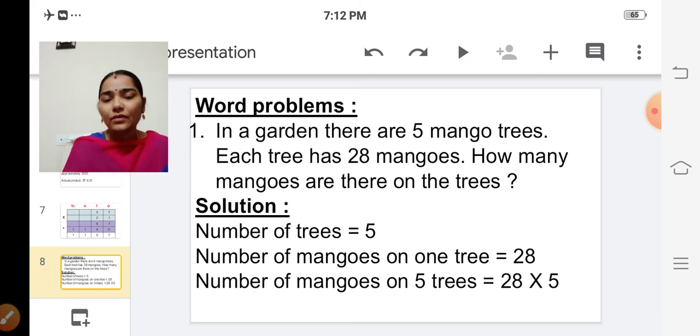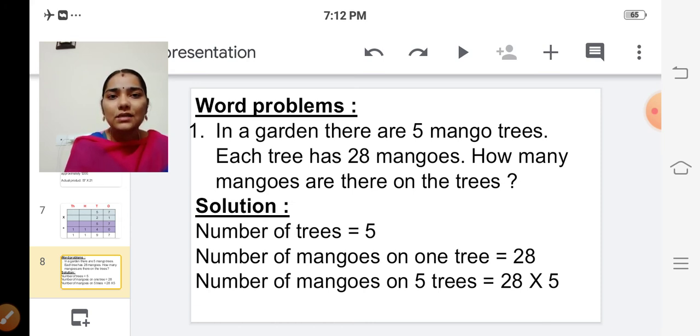So in a garden, how many trees are there? There are 5 mango trees. So on each tree, how many mangoes are there? There are 28 mangoes in each tree. So we are going to find out how many mangoes are there on 5 trees. See the solution.